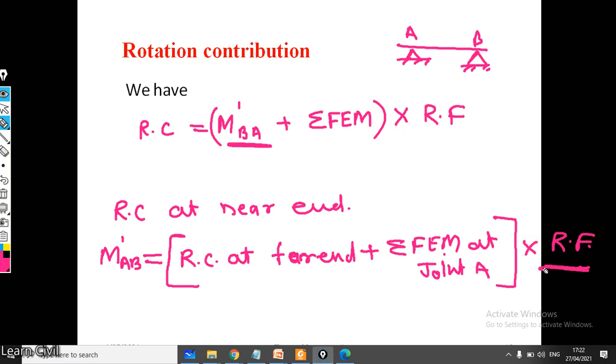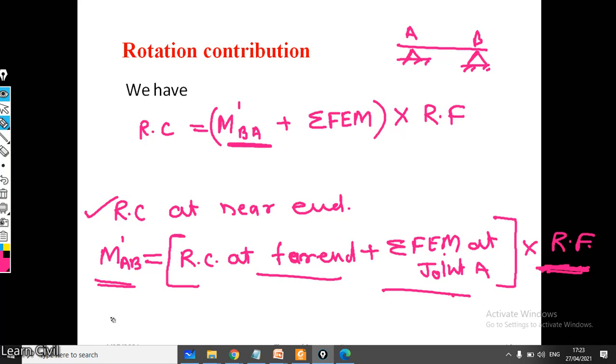We haven't yet seen what this rotation factor is; we will see it in the next slide. So the rotation contribution at near end is given by this equation: m dash ab is equal to rotation contribution at far end plus sum of fixed end moment at joint A multiplied with the rotation factor.